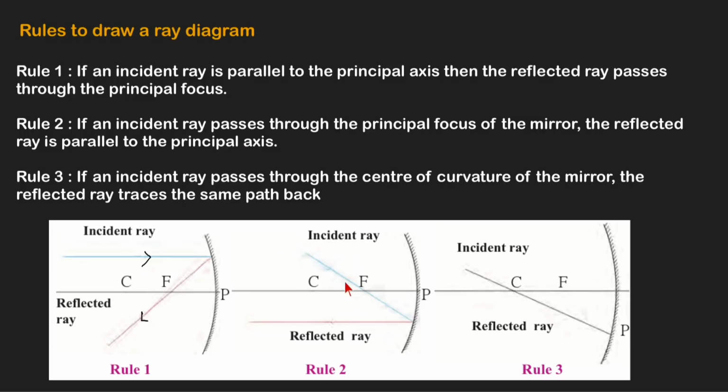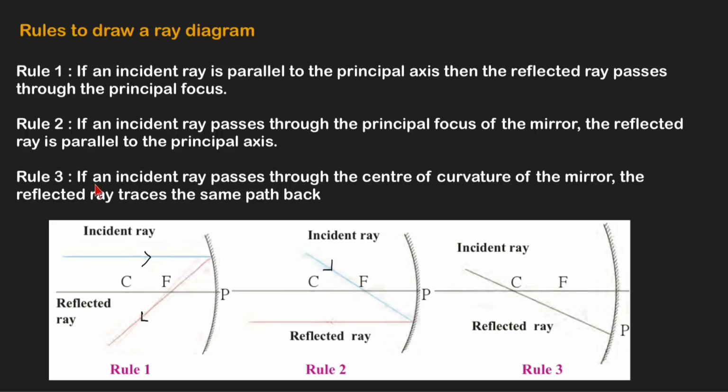When the incident ray, this one here, passes through the focus of the mirror and gets reflected, then the reflected ray goes in a direction parallel to the principal axis.